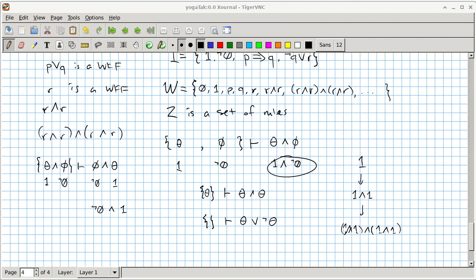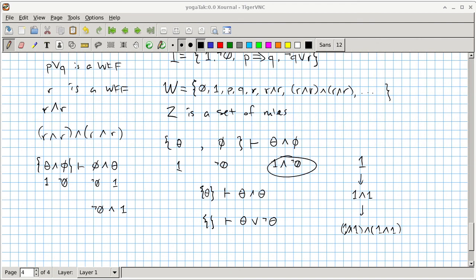Now that we have a system of alphabets, operators, well-formed formulae, iota, which is things that are known to be true to begin with, and then transformation rules that can be used to say, if I know this is true and that is true, then we can also mark that one as true as well. So now that we have a system like this, what is the problem?